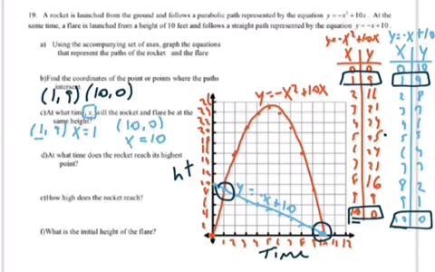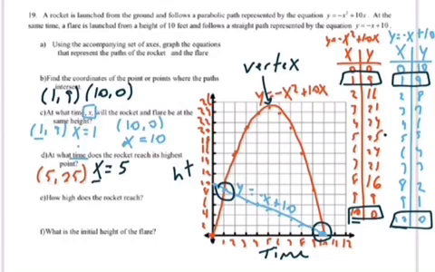For the next question, they're asking at what time, being x, does the rocket reach its highest point? The highest point is going to be at the vertex, which is (5, 25). The vertex is at the top of the parabola, and since they're asking for time, the time would be where x equals 5, or in this case, 5 seconds.